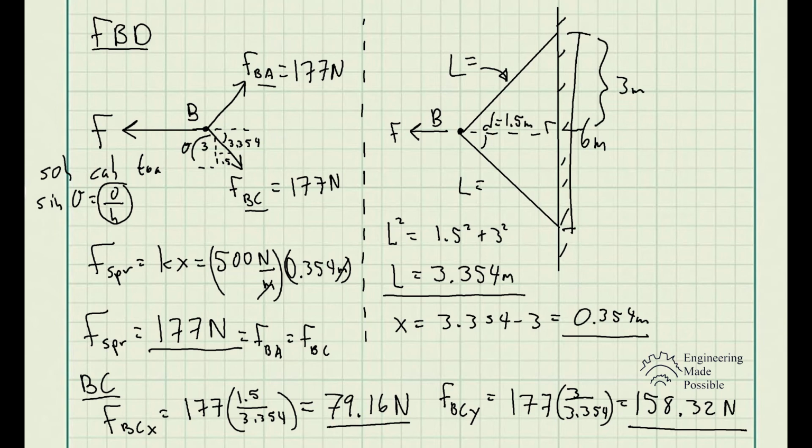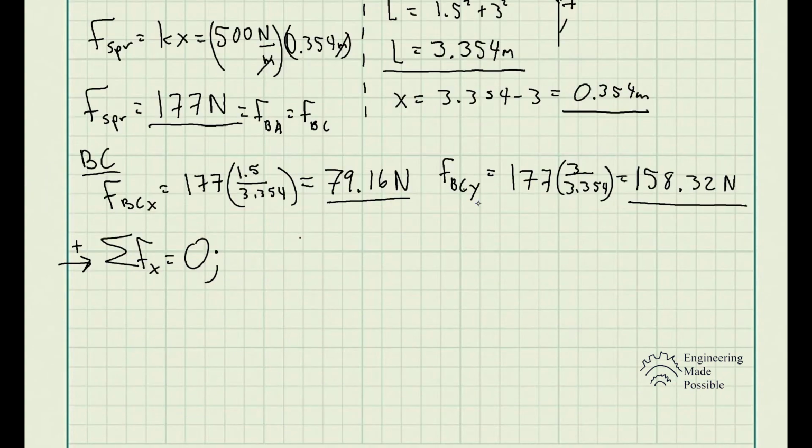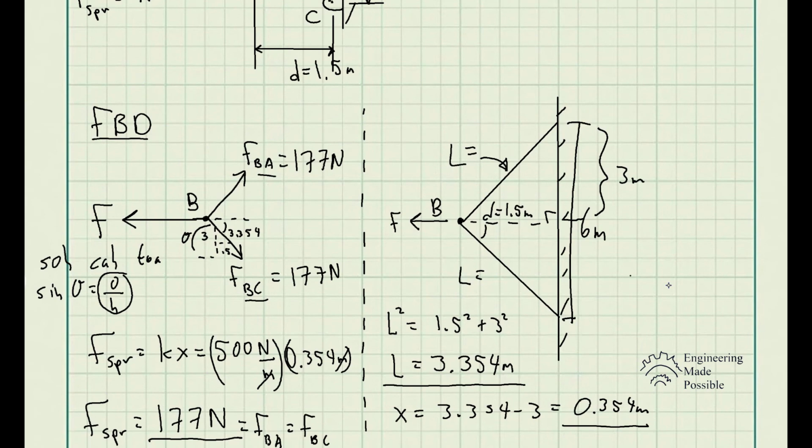But now we're going to do the sum of forces along the x, along the y, and basically solve for our force F here. So one thing to note just by visual inspection of the forces in this free body diagram: spring BC has a force going downward along the y direction, and spring BA has a force going upward along the y.